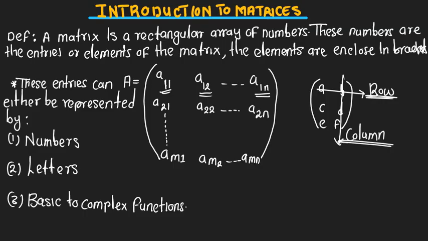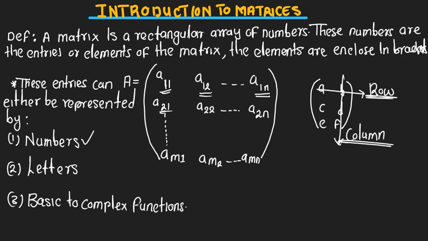Now, these matrices can actually be represented by three things. It could be a number, like this one, which is a 2, then this one, which is a 1. The 2 is standing for the rows. The 1 is standing for the column.